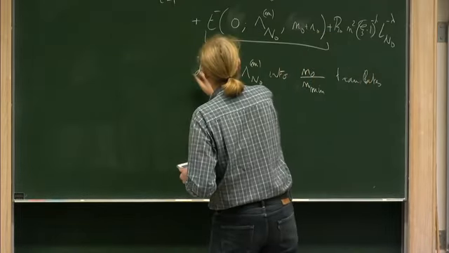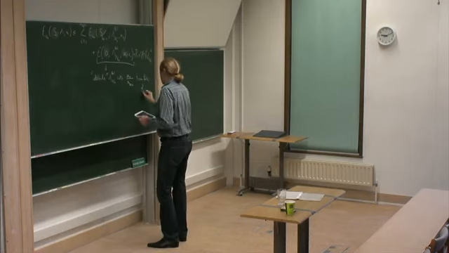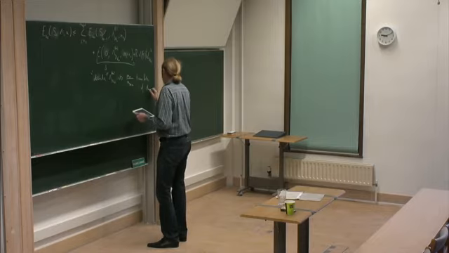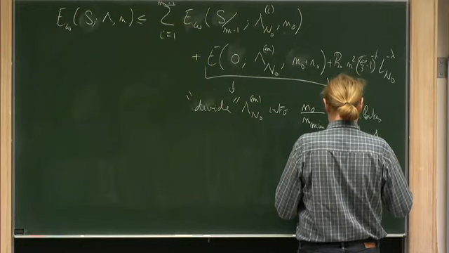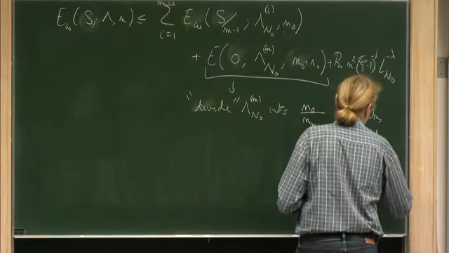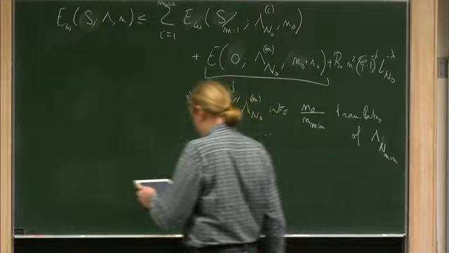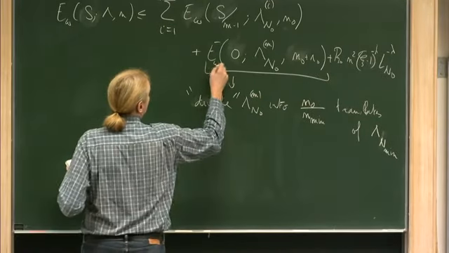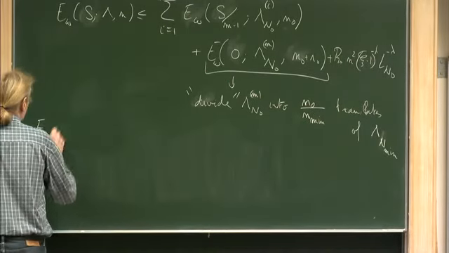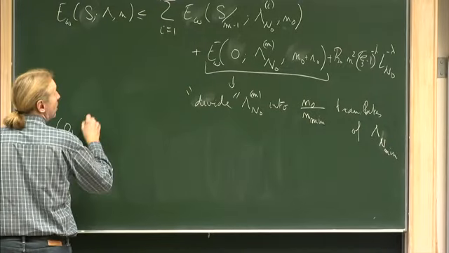So it translates of lambda n min, right? Which will give you the following bound. So this is E omega, which will give you the following bound.